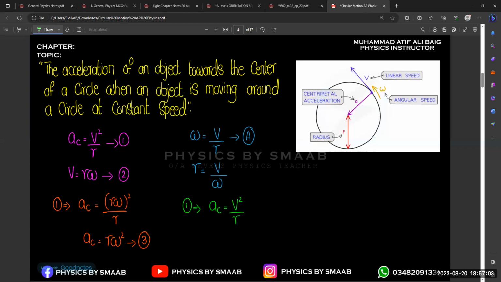And if we substitute this value over here at the place of r, this will be equal to v² over v over ω, right? And if we flip the values, your final answer is a_c = vω, right?